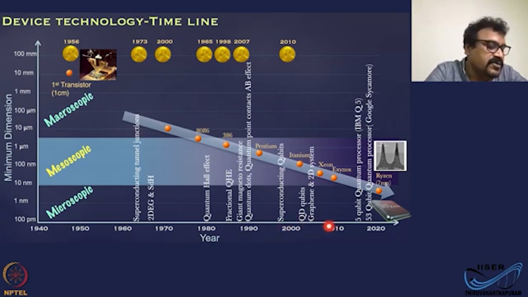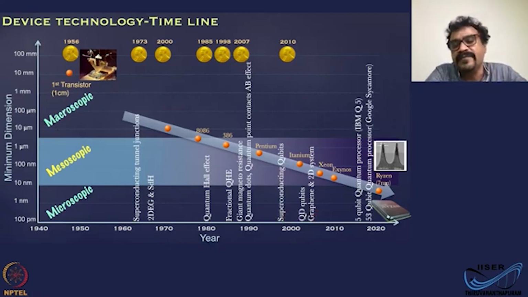And post 2000, new technologies have come up. That is, quantum dot devices have come up. Then superconductivity has been around for a while. Now you have quantum dot qubit technology and superconducting qubit technology. Both of these evolved around a similar time, and that is the topic of discussion for this module.